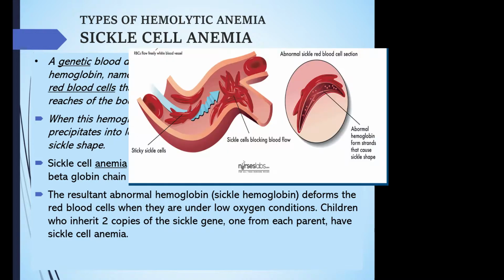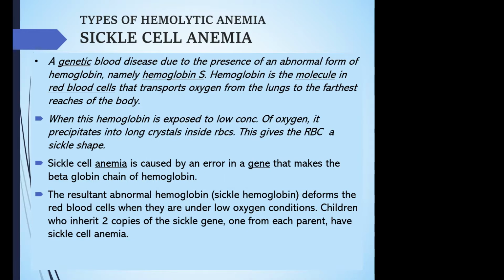Sickle cell anemia is caused by an error in the gene that makes the beta globin chain of the hemoglobin. The resultant abnormal hemoglobin, that is sickle hemoglobin, deforms the red blood cells when they are under low oxygen concentration.